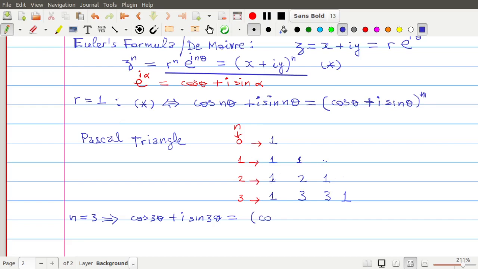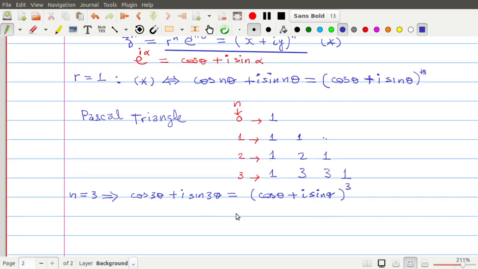This will be cosine theta plus i sine theta to the 3. So we know already we can leave the binomial coefficient, but let us write the various combinations here.